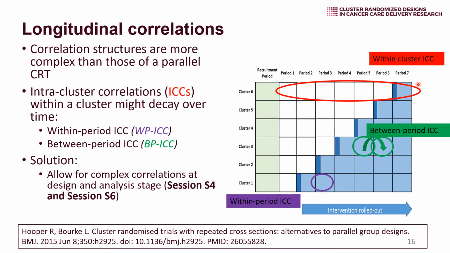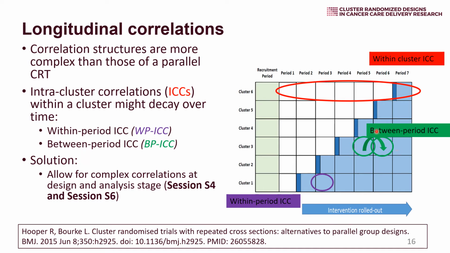But in a longitudinal study design, we have other correlations that are important to consider. Two of them are illustrated here. The first is what we call the between period ICC, and the second is what we're referring to as the within period ICC. Sometimes we use the acronyms WPICC and BPICC for short. The between period ICC represents the correlation between two observations within the same cluster, but in different periods.